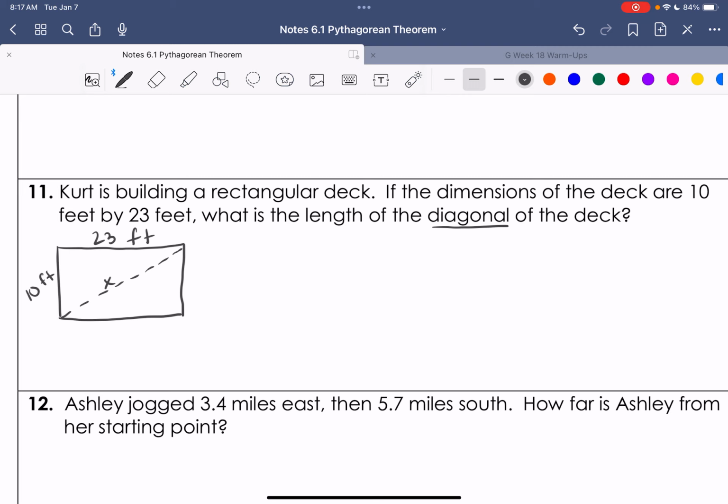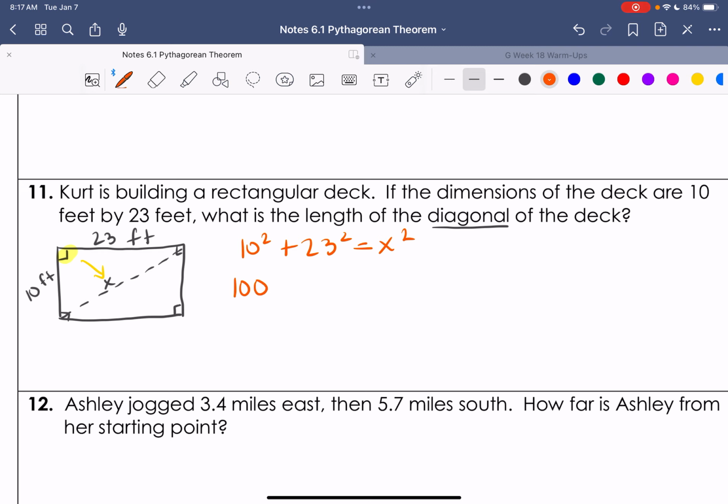Okay, so the thing about rectangles is they have right angles for all of them. So I know that this makes it into a right triangle. Since this is where the right angle is at, across from that has to be the hypotenuse. So C is going to be the X, and then the other 2 can be however you want them to be. So I'm going to do 10 squared plus 23 squared equals X squared.